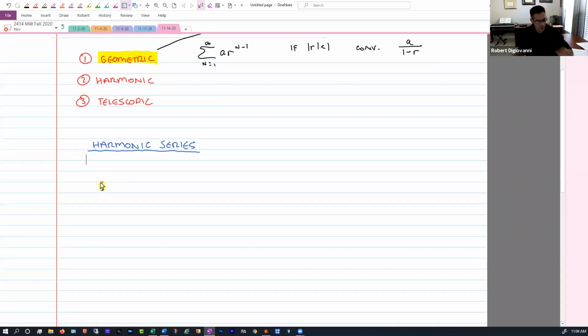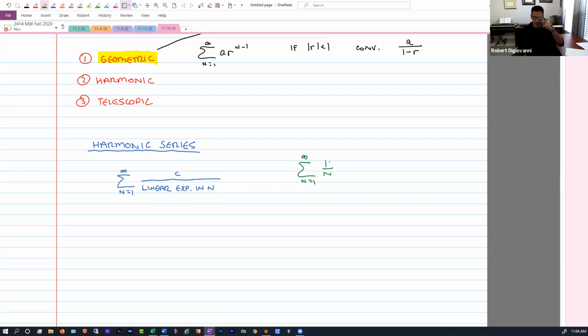All harmonic series look like this: the sum from n equals 1 to infinity of a constant, I'm going to put C, over a linear expression in n. So a constant over a linear expression in n. Let me give you some specific examples. The sum from n equals 1 to infinity of 1 over n is an example of a harmonic series.